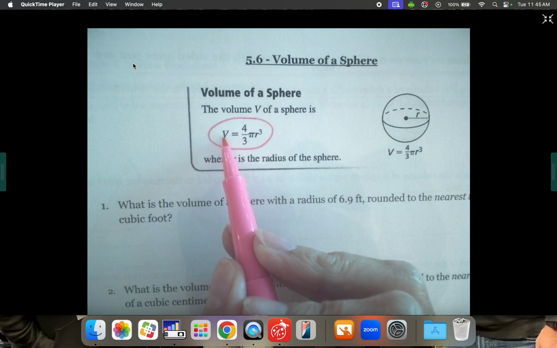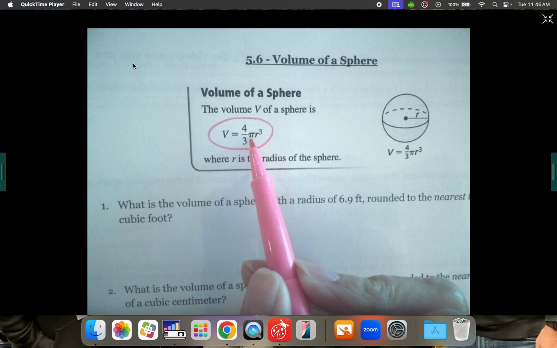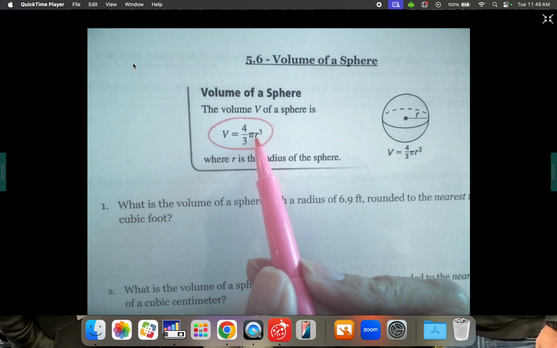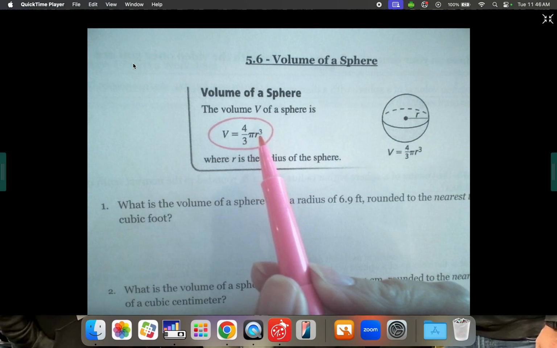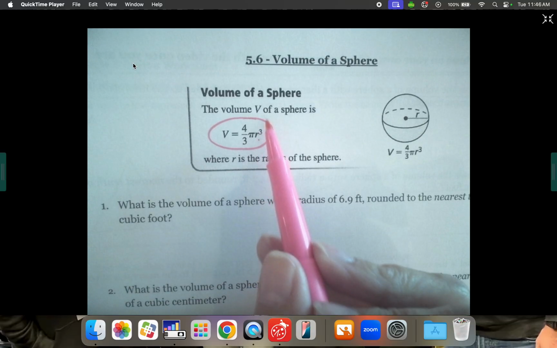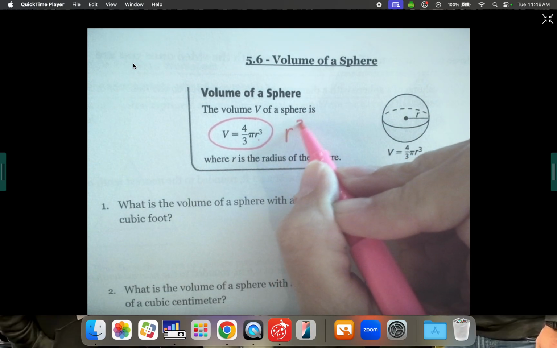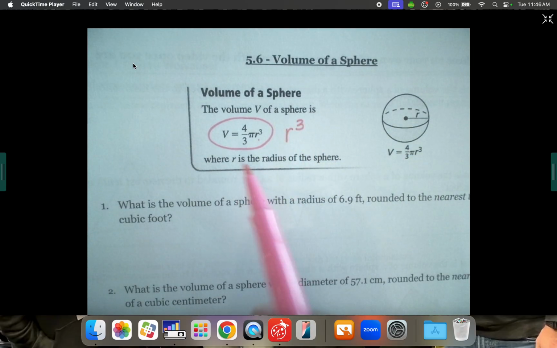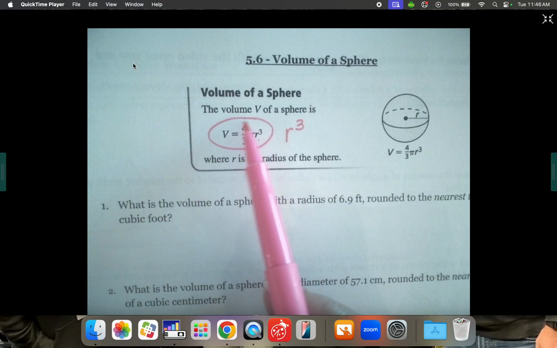To find the volume of the sphere, you're going to take this weird fraction, 4/3, multiply by pi, and then multiply by the radius, not squared this time, but cubed. So that means the radius times the radius times the radius. I am going to rewrite it with the radius cubed coming first, because what you don't want to do is 4/3 times pi times the radius and then cube that whole thing.